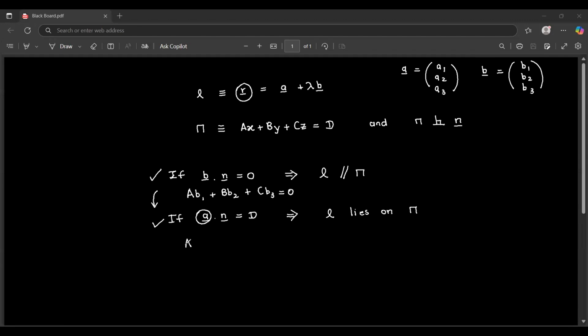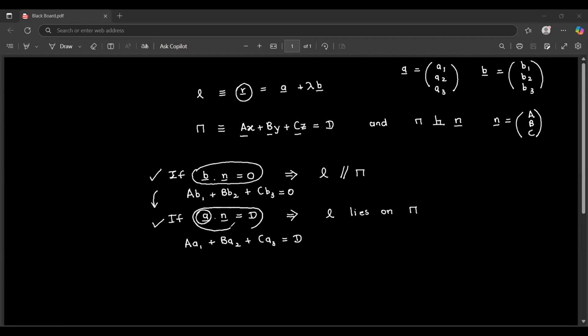Similarly, a·a1 + b·a2 + c·a3 = d. Why? Well, if the Cartesian equation of the plane is ax + by + cz = d, that means n = (a, b, c). You can use either method. However, this is the basic idea: if b · n = 0, the line is parallel to the given plane. If a · n = d, the line lies on the plane.